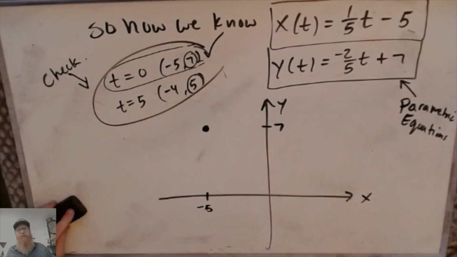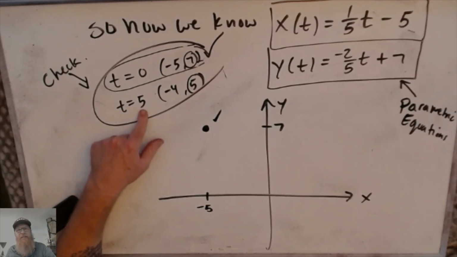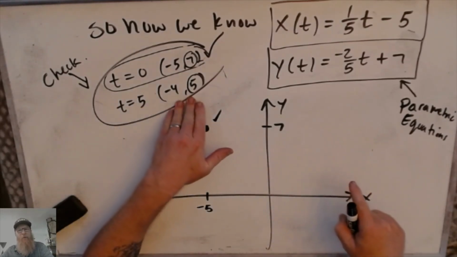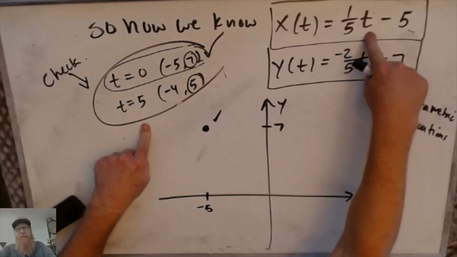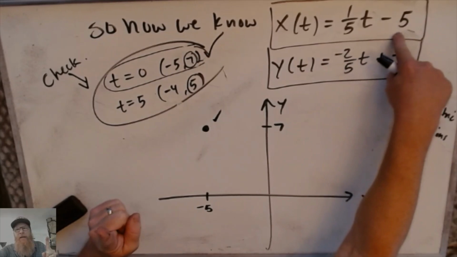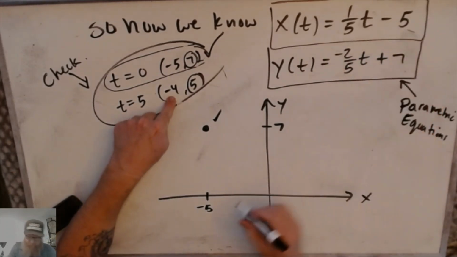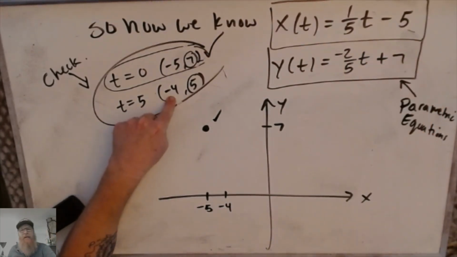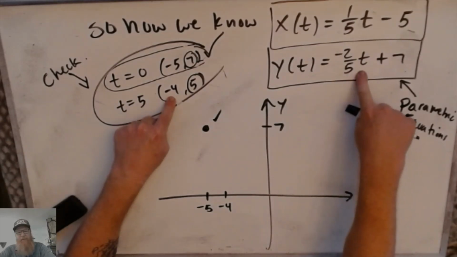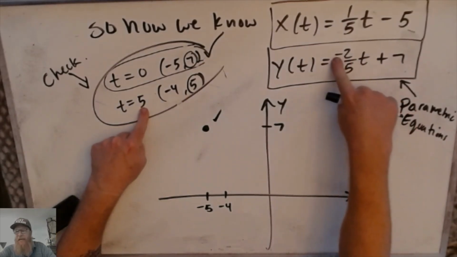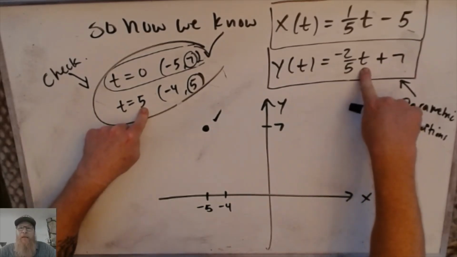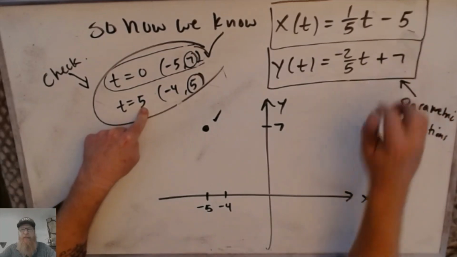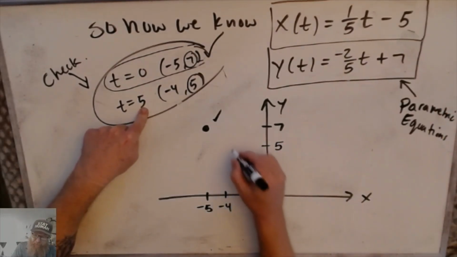Negative 5 and 7. Check. All right, now plug in 5 for t and see if you get negative 4 and 5. So plug in 5 for t. 1/5 times 5 is 1. 1 minus 5 is negative 4. Check. All right, now for the y value, plug in 5 for t. Negative 2/5 times 5 is negative 2. And then negative 2 plus 7 is 5.